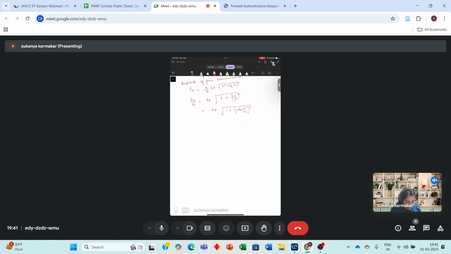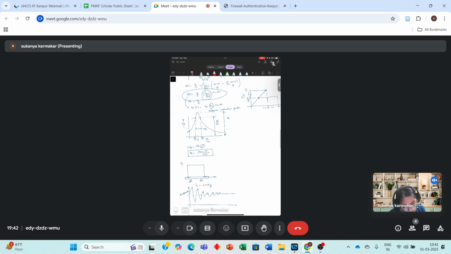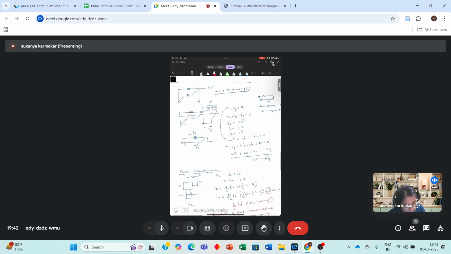Now, from previous knowledge, when you study damped forced vibration, we studied undamped forced vibration, and for that we calculated the expression for Rd, and we found that the expression for Rd is 1 by 1 minus omega by omega n whole square.